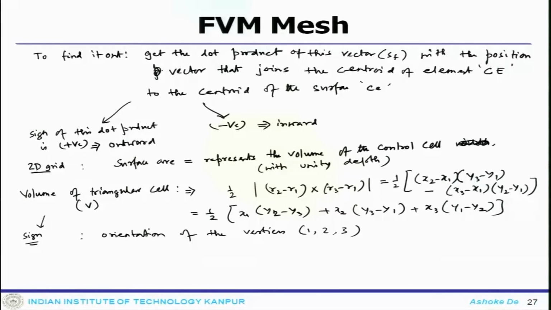If they are oriented in a counterclockwise direction, this will return a positive sign. If they are oriented in a clockwise direction, this would be a negative sign. So, the sign convention will also be an issue. So, we will stop here today and we will take it from here in the follow up lectures.